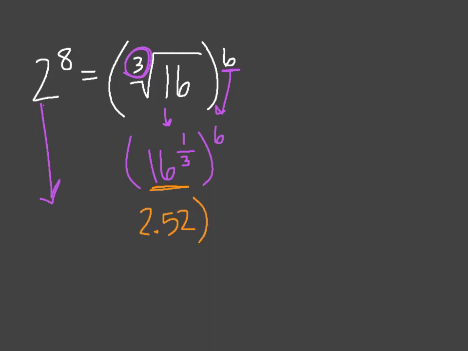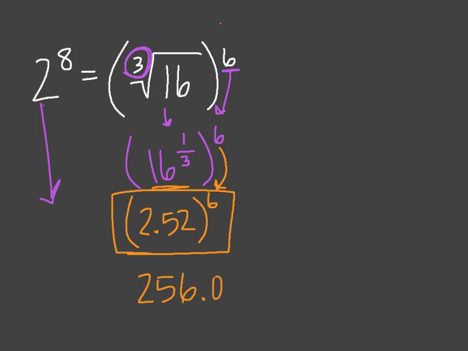I'm going to keep that in parentheses, and again, just bring this outside 6 down, because I haven't used that 6 yet. Now I'm going to type in the rest of this into my calculator to finish getting my decimal approximation. And I get 256.09.